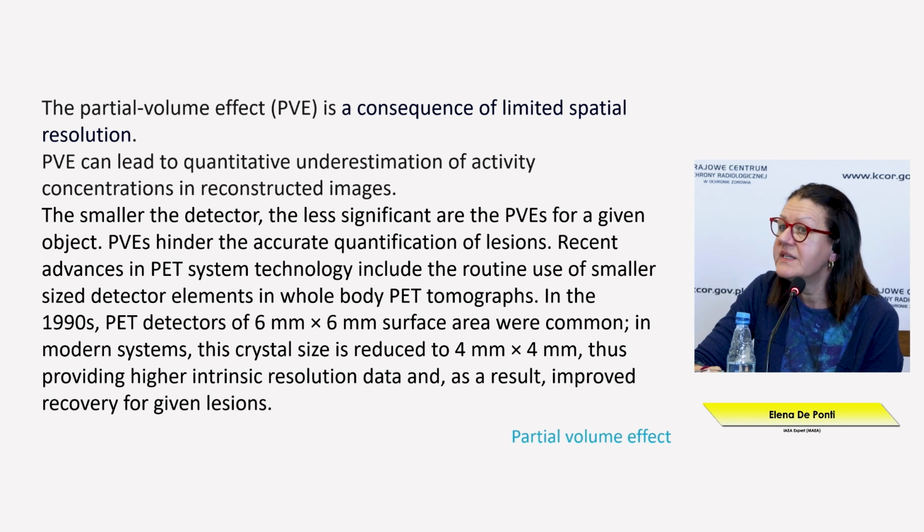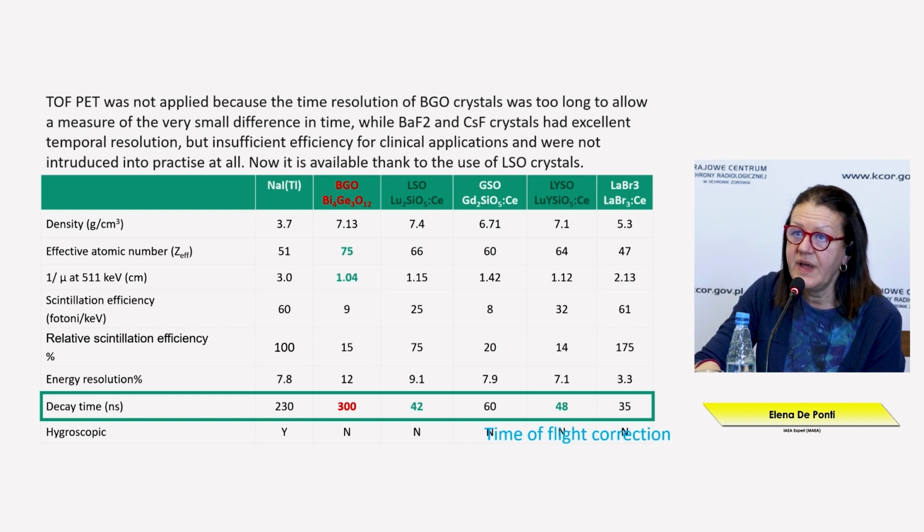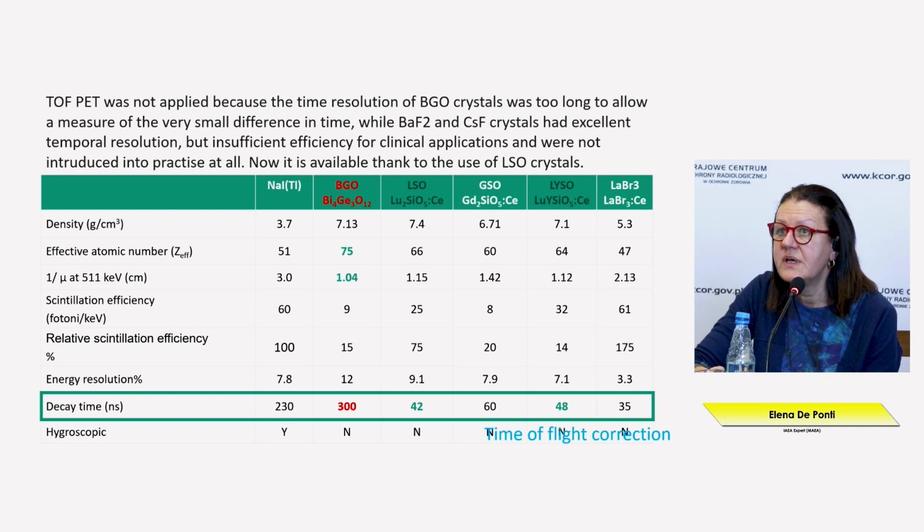We have already spoken about the partial volume effect, so I will skip this part, as John has already told you much on it. We have the time of flight correction that is available with some particular crystals.